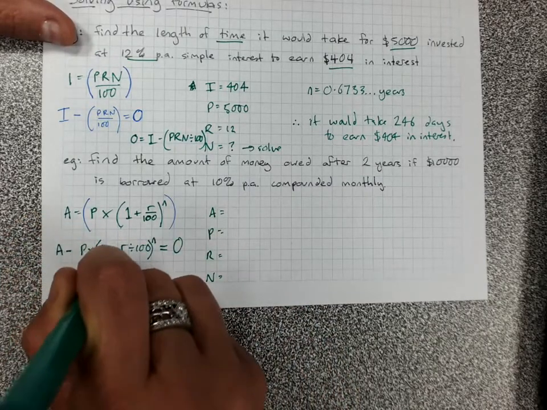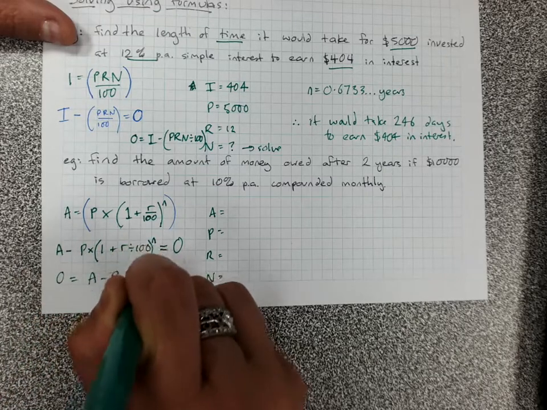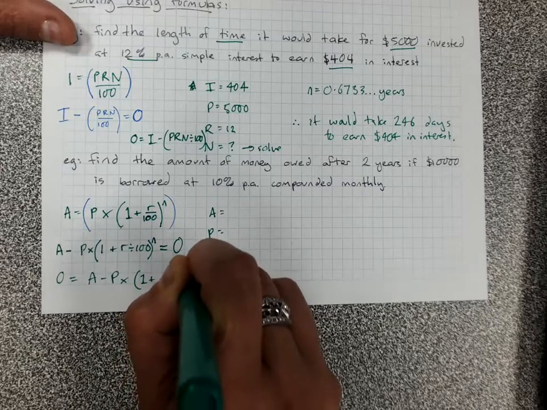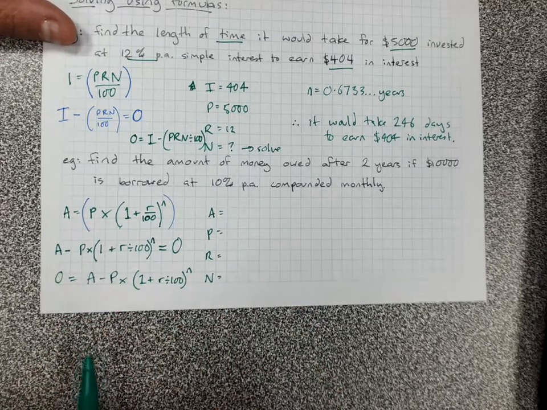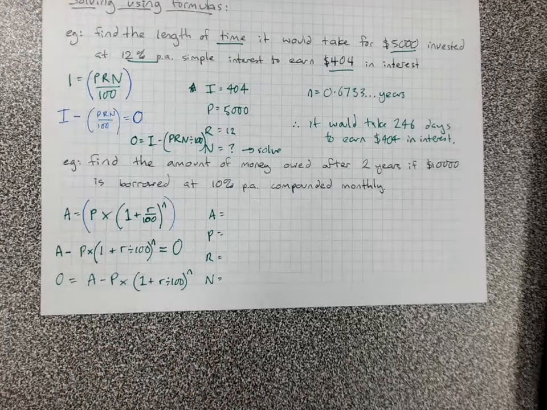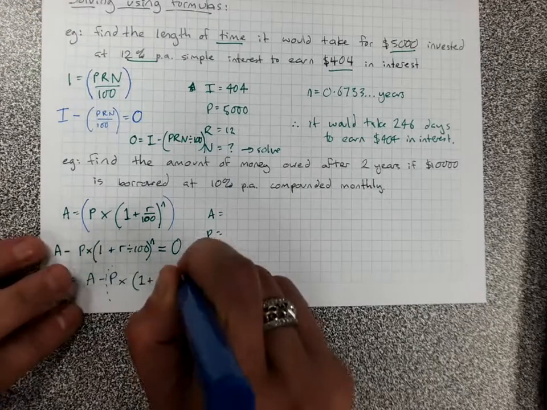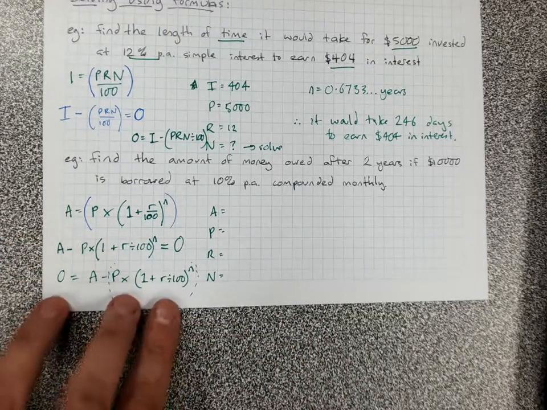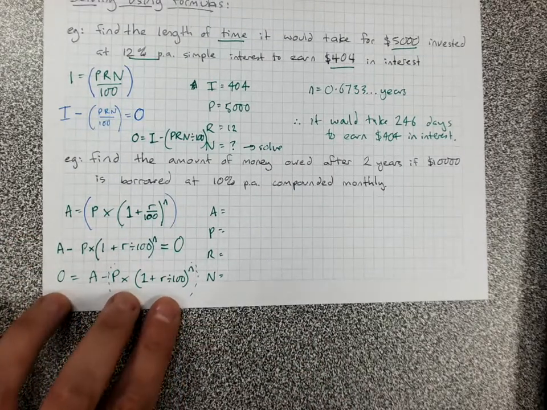0 equals A minus P times 1 plus R divided by 100 to the power N. If you wanted to put brackets around that, as I taught you for the others, it wouldn't hurt, but you don't need it. And if you've got that written down somewhere when you go into a test, life will be a lot easier.